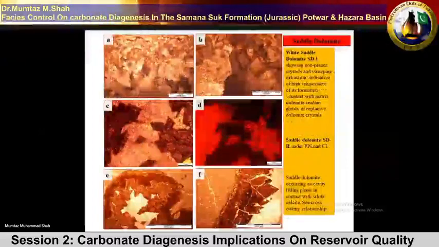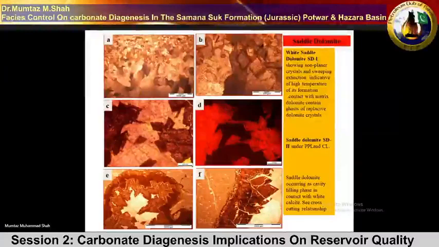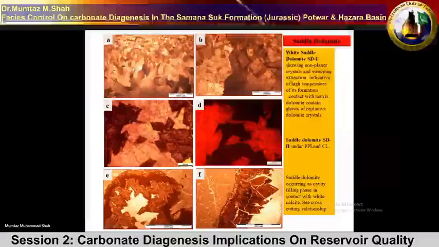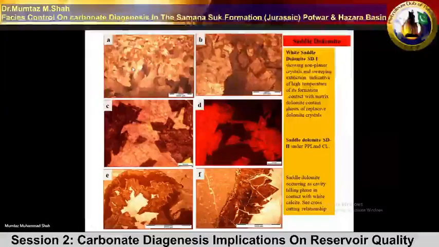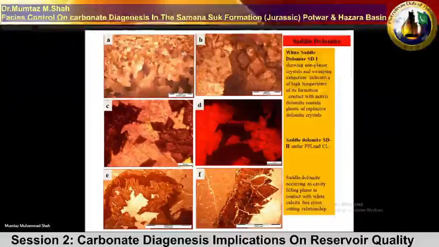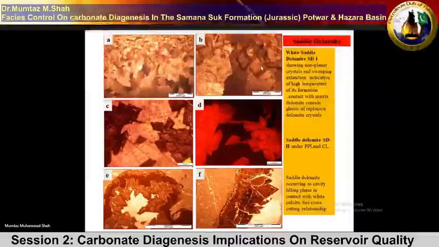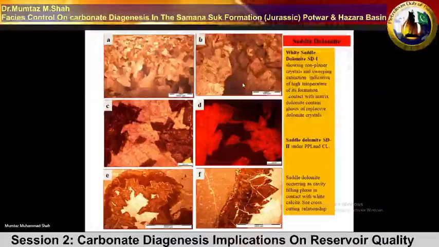A typical example of saddle dolomite, where we have these saddle dolomites having much bigger crystals, with typical undulose extinction, what we can see over here, and it is cementing the pore in this particular case. Similarly, in figure B, we have a similar nature of these saddle type dolomites.